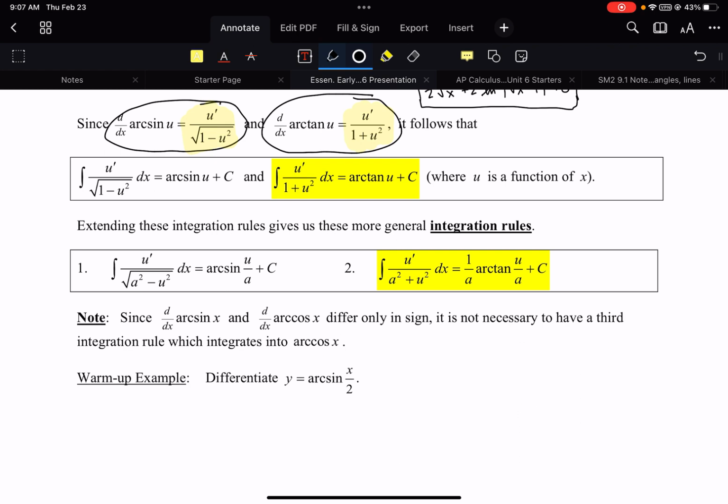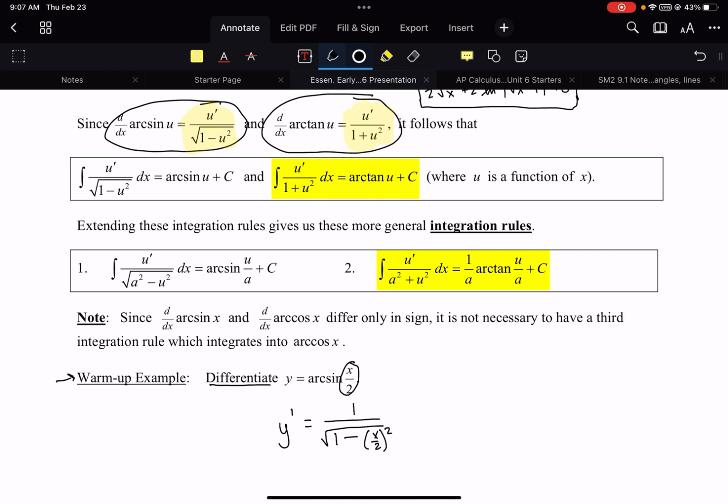So let's go ahead and practice differentiating an arc sine so you can remember what it looks like. So we're going to do this example right here. If y equals the arc sine of x over 2, and we want to differentiate it, so we're trying to find the derivative, y prime would be 1 over the square root of 1 minus whatever thing is inside of the arc sine, so x over 2 squared.